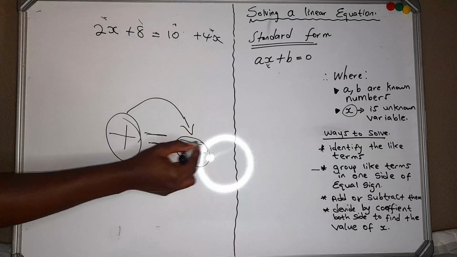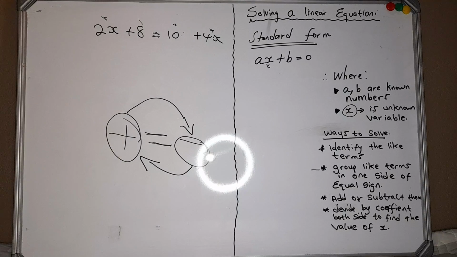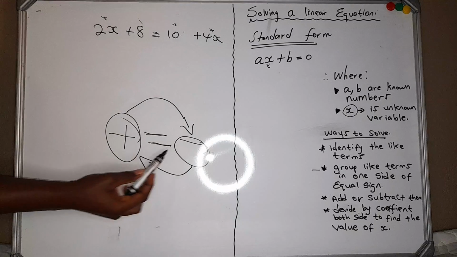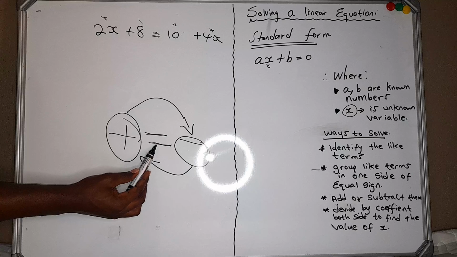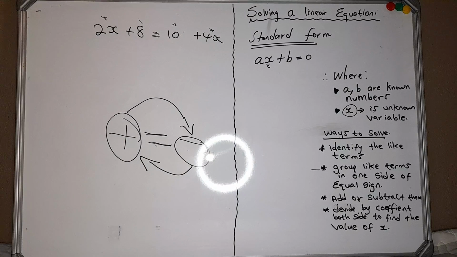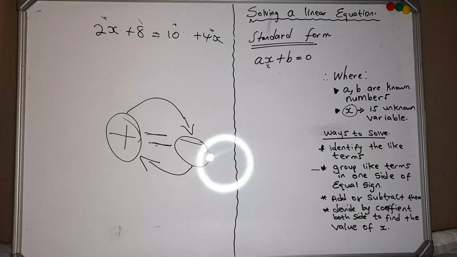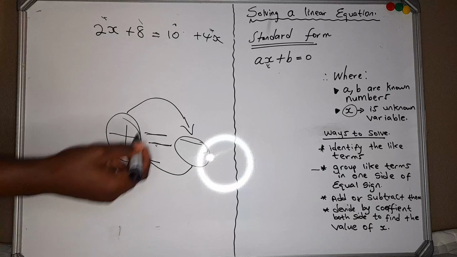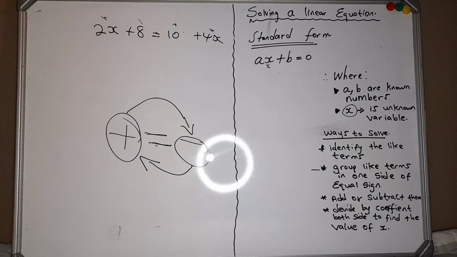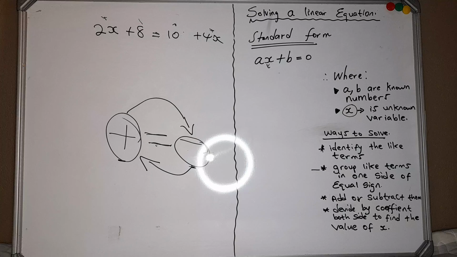When a negative jumps the equal sign, it becomes positive. So to group the like terms, you take the other number to that side, and when it jumps the side, it must change the sign. You must consider that.